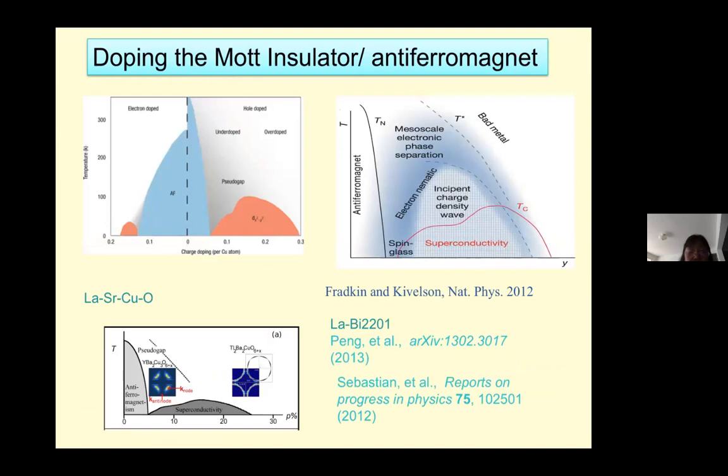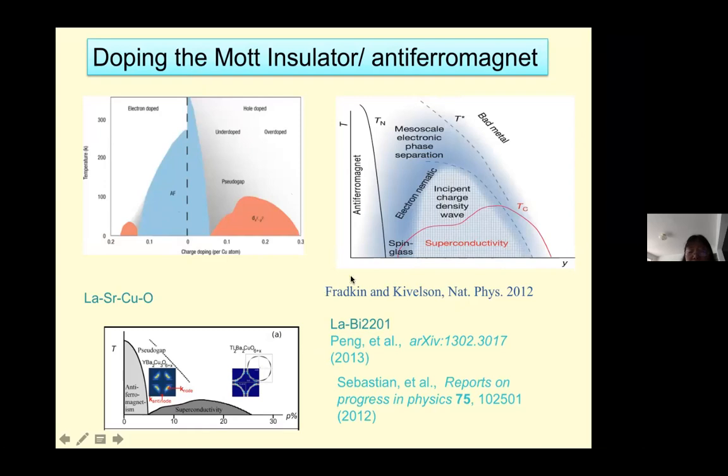The importance of understanding normal states has been emphasized by different theoretical work. Another important point is if we go to half filling, which is the parent state of high TC cuprates, before we do the electron or hole doping, then we have antiferromagnetic order. And the superconducting phase also has incipient charge density wave.